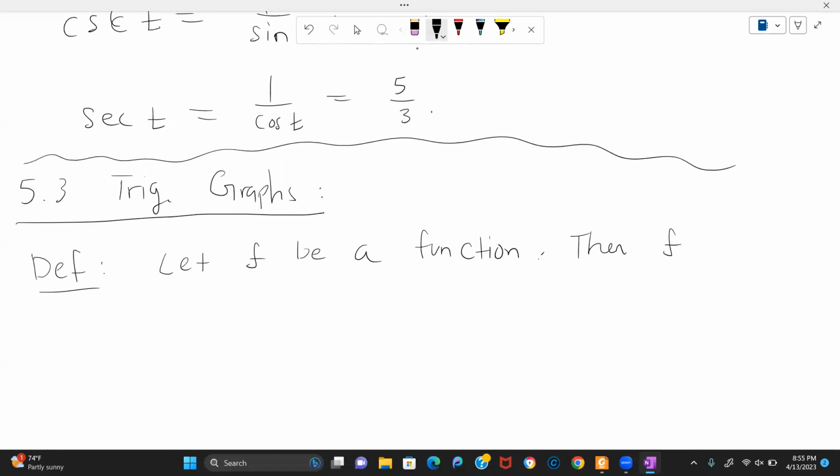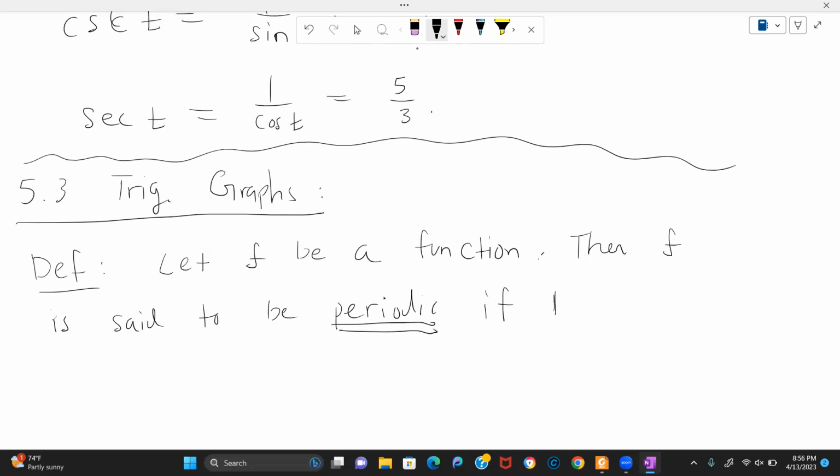Then f is said to be periodic if it repeats. That is, if you evaluate it at one point, then at some point further down along the real line, it has the exact same value. And how do you phrase that? Well, you phrase it in the following way.